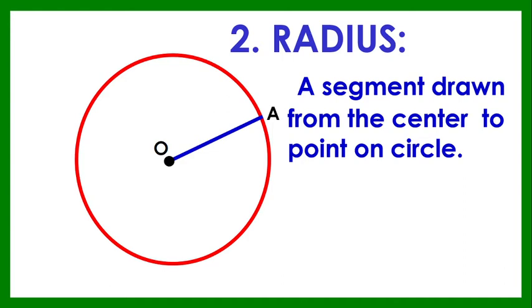So one of the endpoints of a radius should be the center or the fixed point, and also a point on the circle. So to name this, it will read as line segment OA. So if you will name a radius, it should always start on the center.